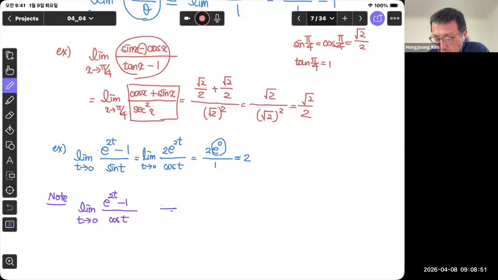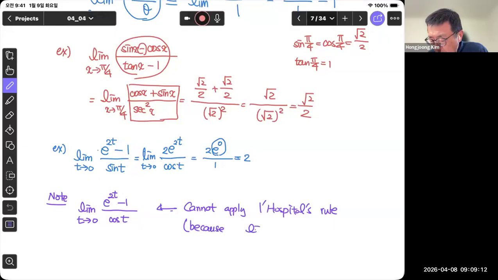So for this problem, we cannot apply L'Hopital's rule because the limit of cosine t as t goes to 0 is not 0, while the limit of e^(2t) - 1 as t goes to 0 is 0.